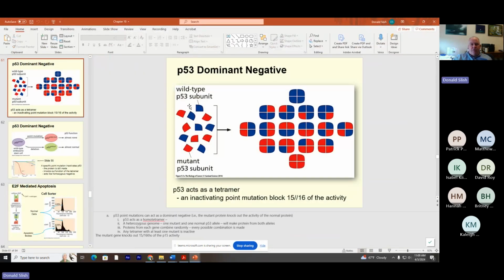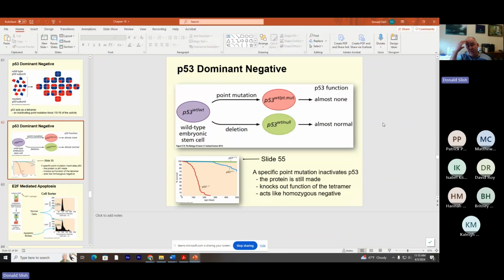So if you've got a mutated but still produced P53, it's going to randomly assort with the protein made from the good gene. And so 15 out of 16 times, you're going to end up with an inhibited P53 complex tetramer. So the key to this was that P53 is a tetramer, and if you've got a point mutant as one of your genes, that's going to act as a dominant negative by blocking the activity of the wild type.